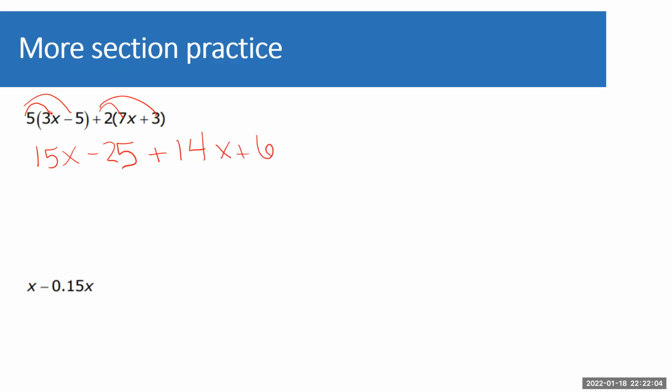Now we have one of our earlier examples. We have 15x plus 14x. That's going to be 29x. And then we have minus 25 and plus 6. What's that going to be? Minus 19. 29x minus 19.